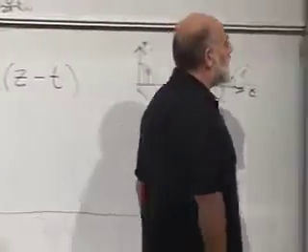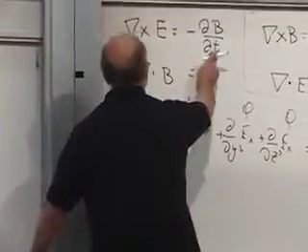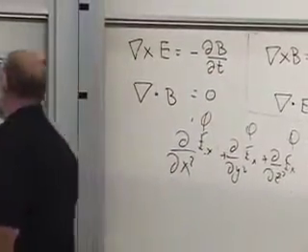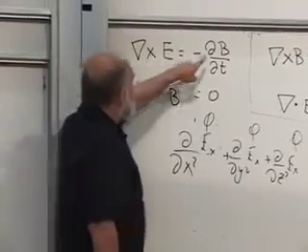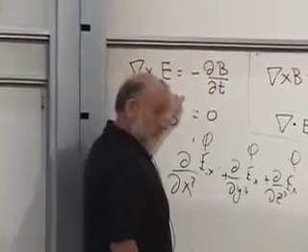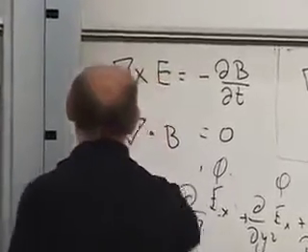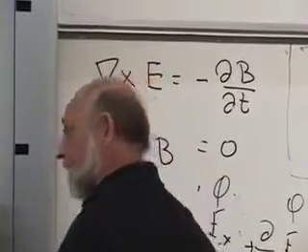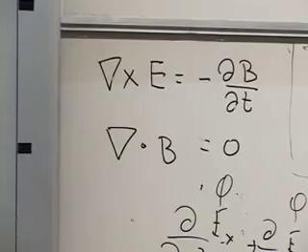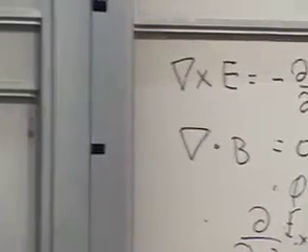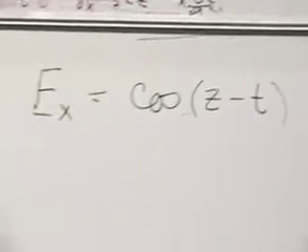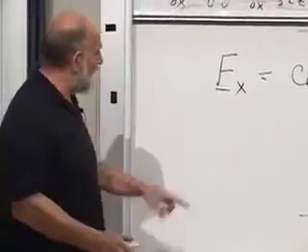Well, we can use this equation over here to tell us something about the magnetic field. First of all, what about the curl of the electric field? What components does the curl of the electric field have?